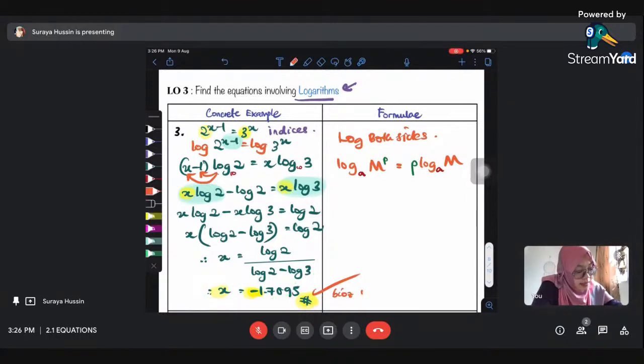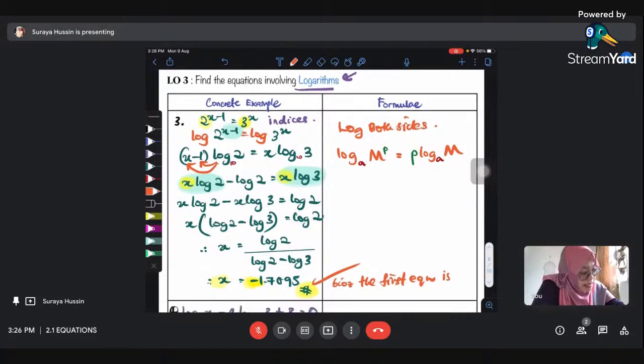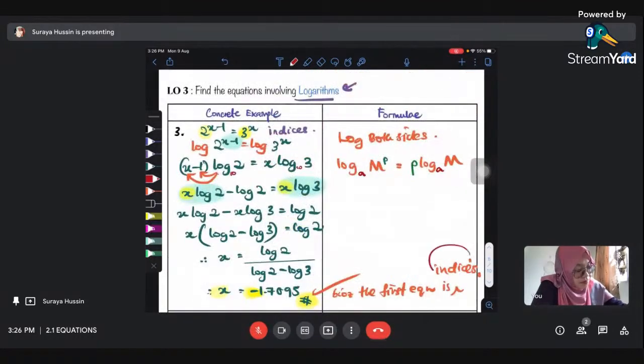So the first is because the first equation is indices. Indices perlu check tak? Indices tak perlu check.